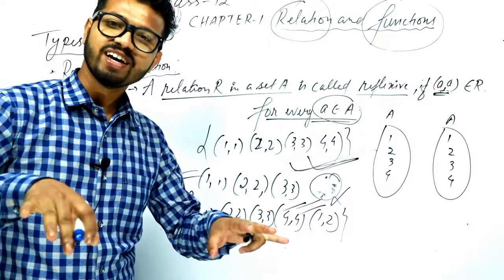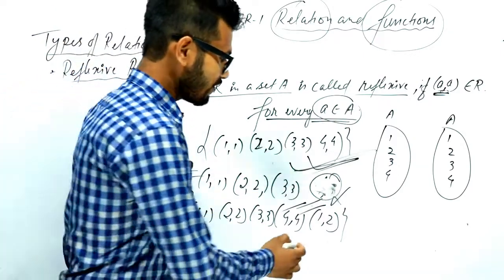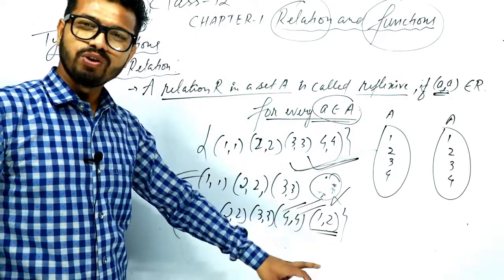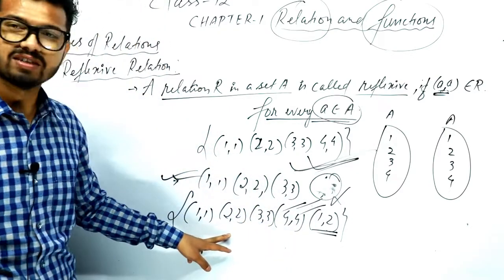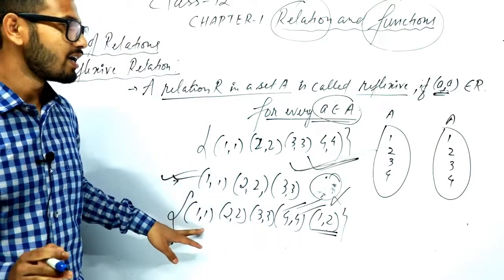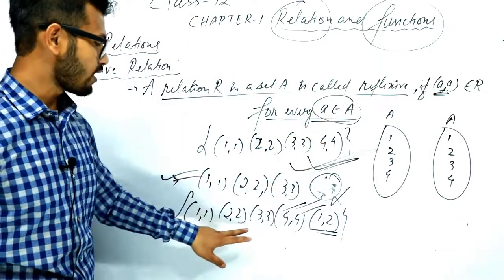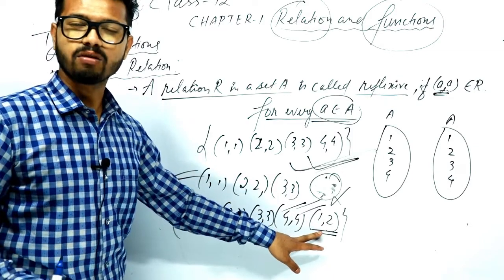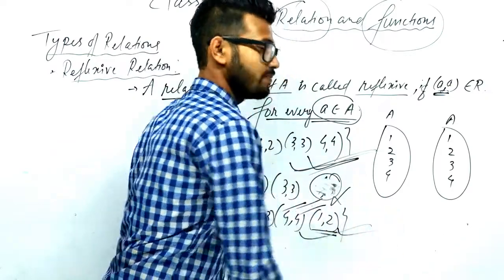Yeah, this is also a reflexive relation. Though we have an extra ordered pair here, we don't mind that. We do not consider the presence of an extra element. We only focus on whether the definition is satisfied or not. Here all (A, A) for all A belonging to A are present: 1 1, 2 2, 3 3, 4 4. Though an extra ordered pair is present, we don't bother about it. It is also a reflexive relation.